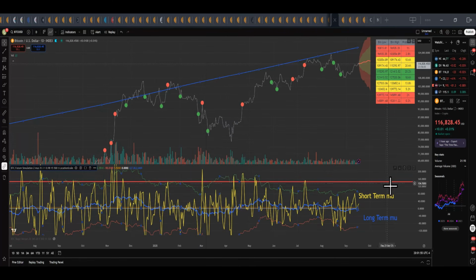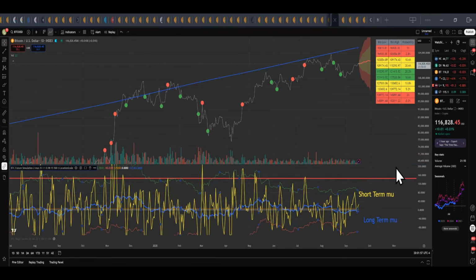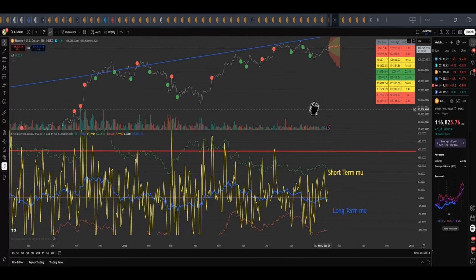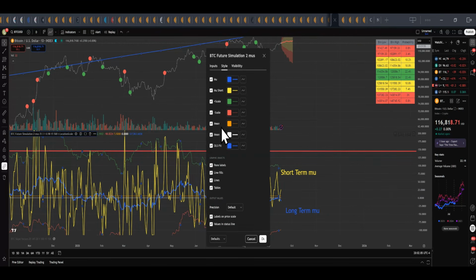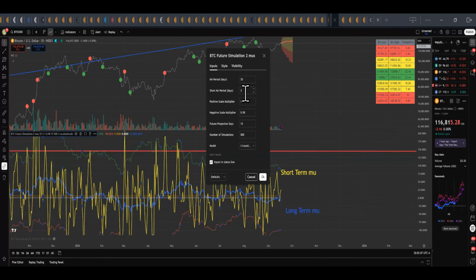If you turn on the yellow line, what is the yellow line? With the yellow line, we are recalculating this mu, but now we are calculating it over a short term. And in fact, you can also decide; the default parameters should be optimized. So I'm choosing 35 days for the long term and 3 for the short term.